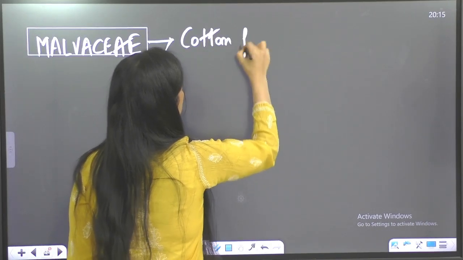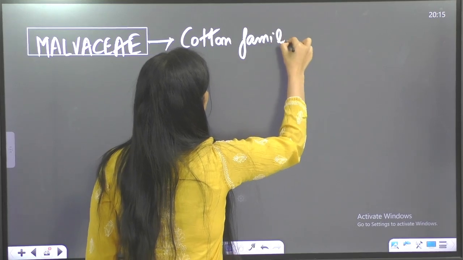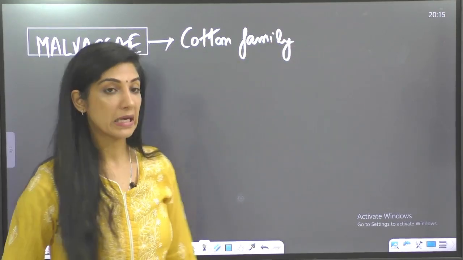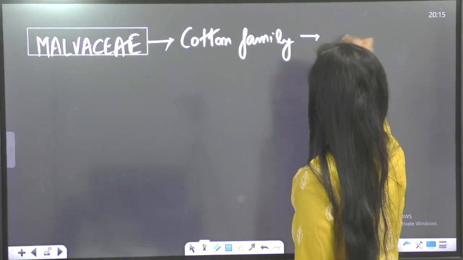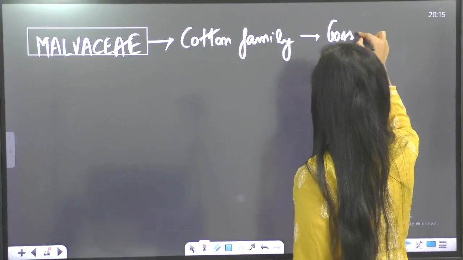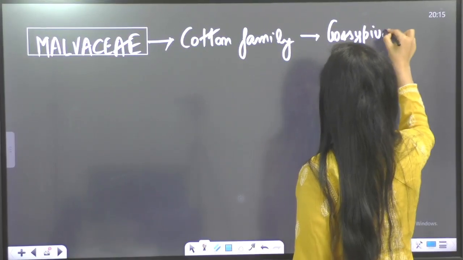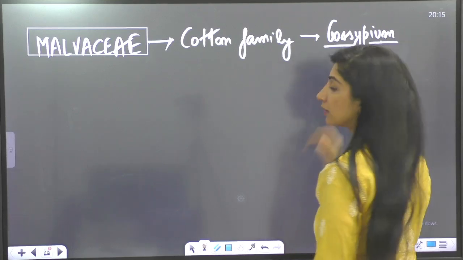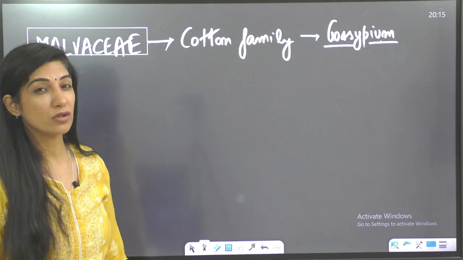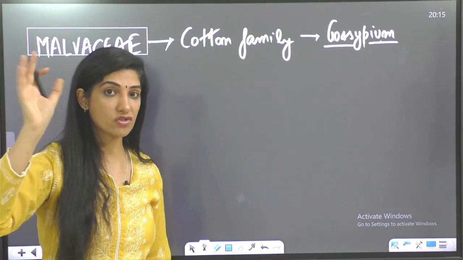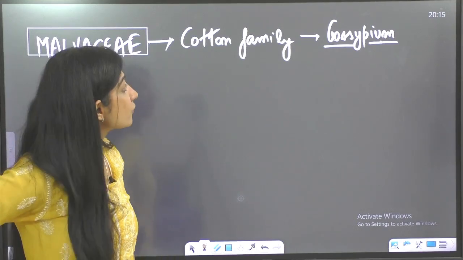You know, the commercial cotton that we procure from the Malvaceae family comes from a particular genus. This can be asked as a question. The genus is Gossypium, which is grown commercially for all our cotton needs.